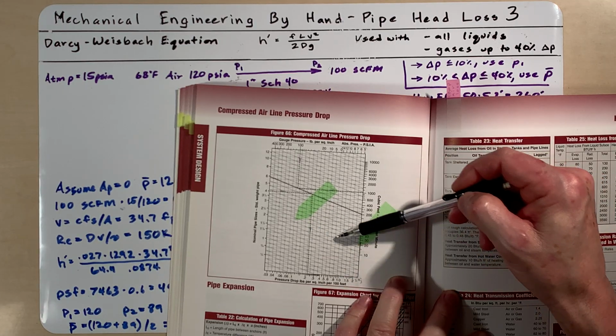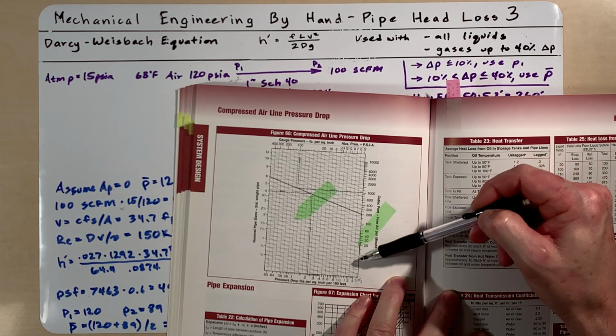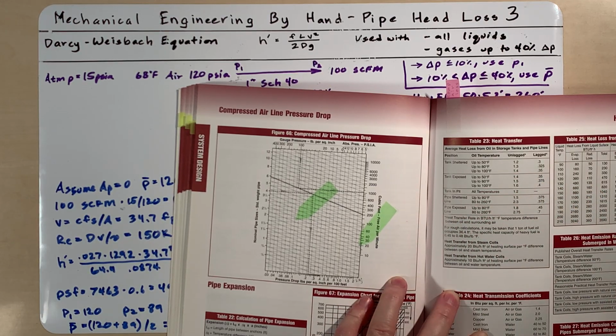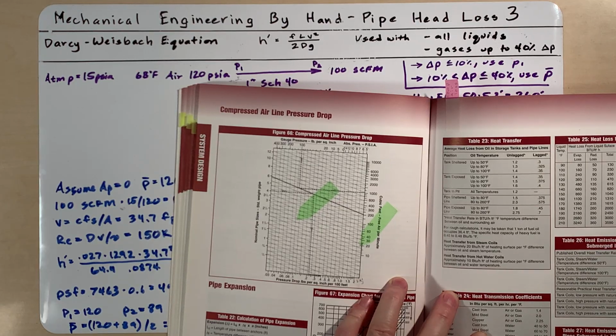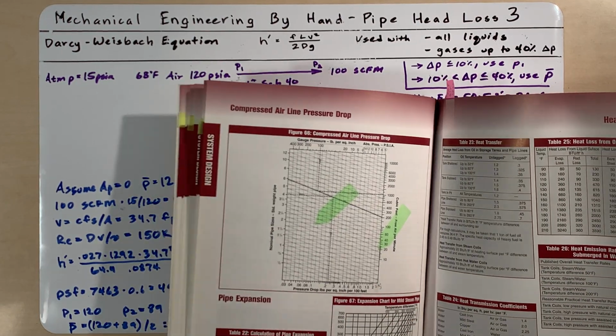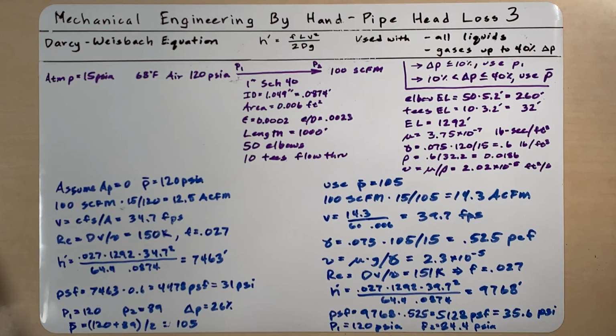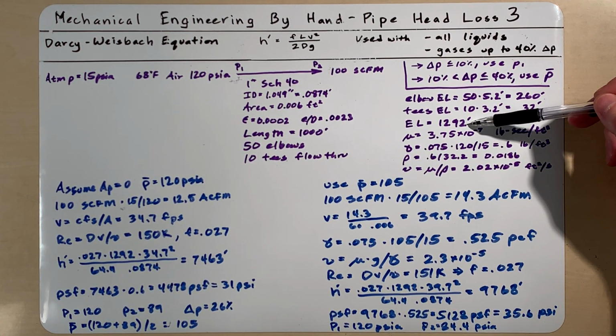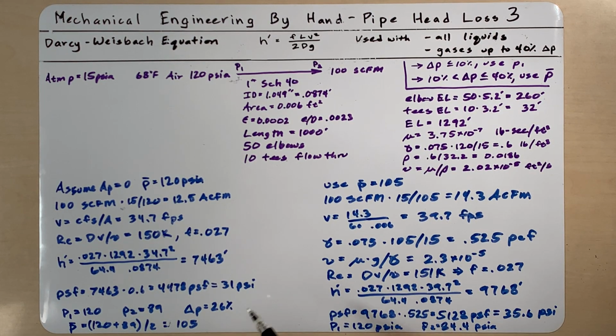But anyway, that would end up here, which is about 2.4, and that's per 100 feet. So when you multiply 2.4 times this 1292 and divide that by 100, you get 31 psi, which is interesting because it's what we got for this first iteration.